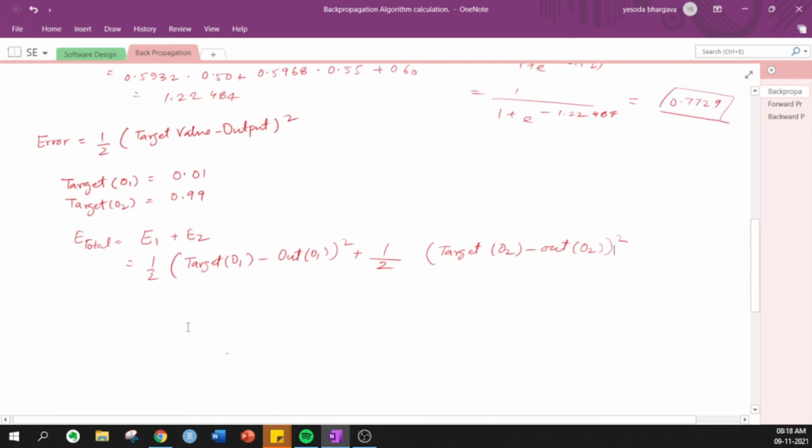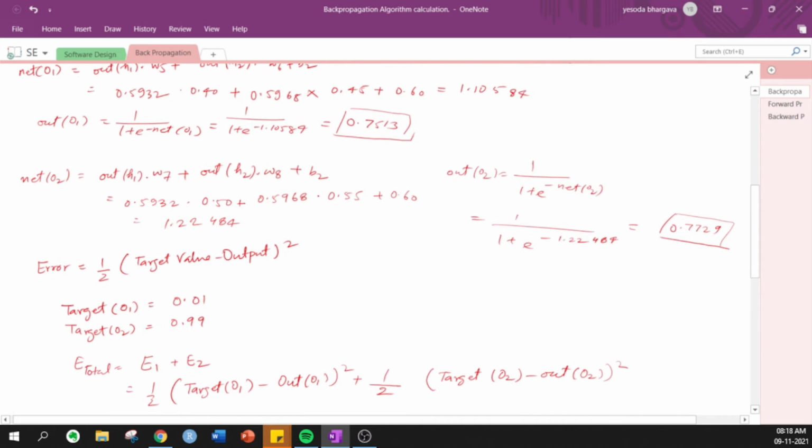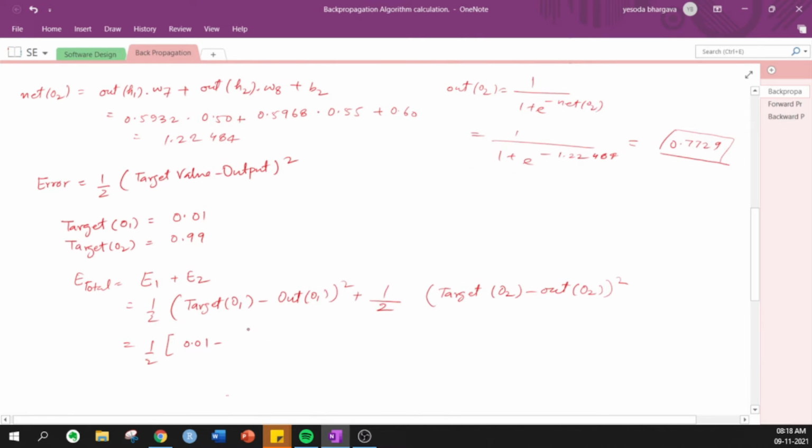So target O1 is 0.01 and output of O1, as we had seen, is 0.7513, whole square, plus target O2 is 0.99 minus output O2 is 0.7729, whole square. When we compute this value, it comes out to be 0.2983. So this is the error in the first iteration.